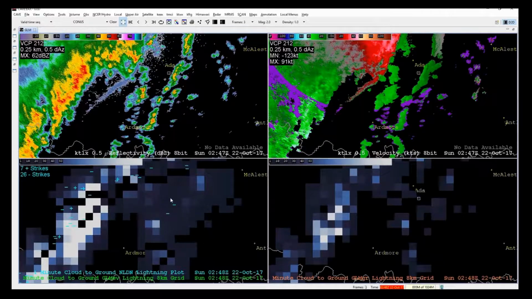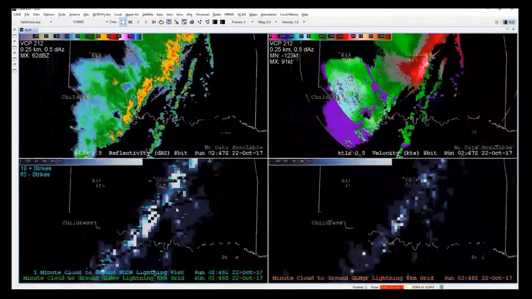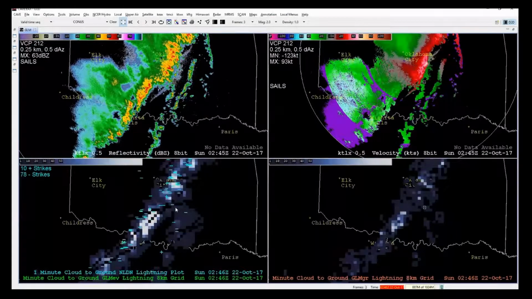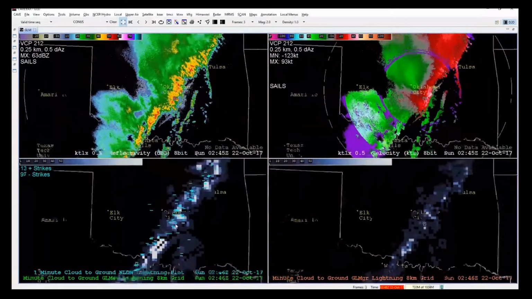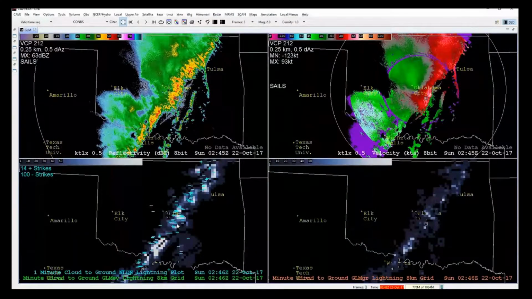So you can see that there are CGs associated with this lightning out ahead of the line. And that's a really good point. For as great as GLM is going to be, from a public safety perspective, we're going to have to continue to use some sort of ground-based network to validate what is going to ground, versus just to validate, I think, what we're expecting from a conceptual level.